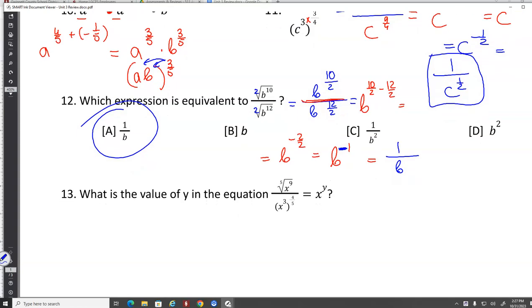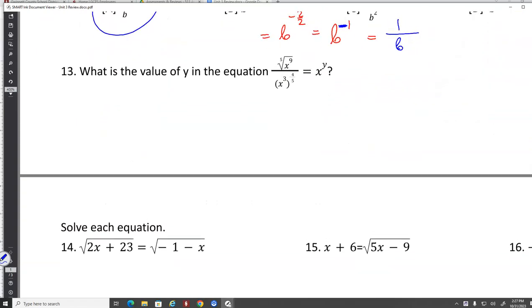Number 13, it is asking us, what is the value of the y in the equation? So what is the x raised to? Okay, so again, we have a fifth root, x to the 9th power right here, and then x raised to the 3rd power, and now raised to 4/5. Now, we're going to turn it into exponential form so we can subtract one from another.